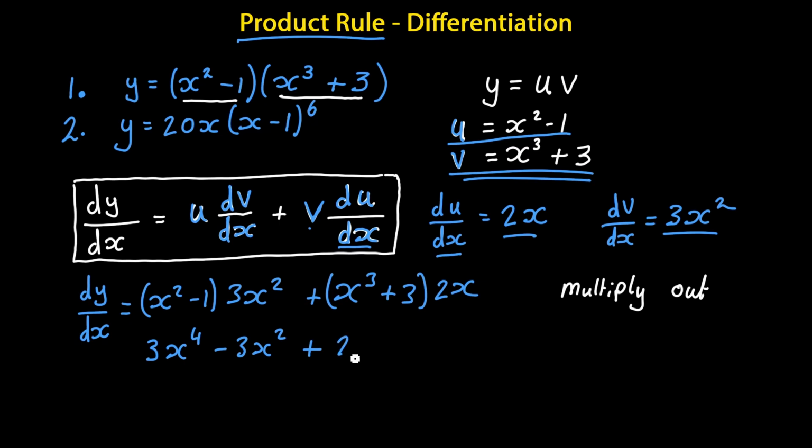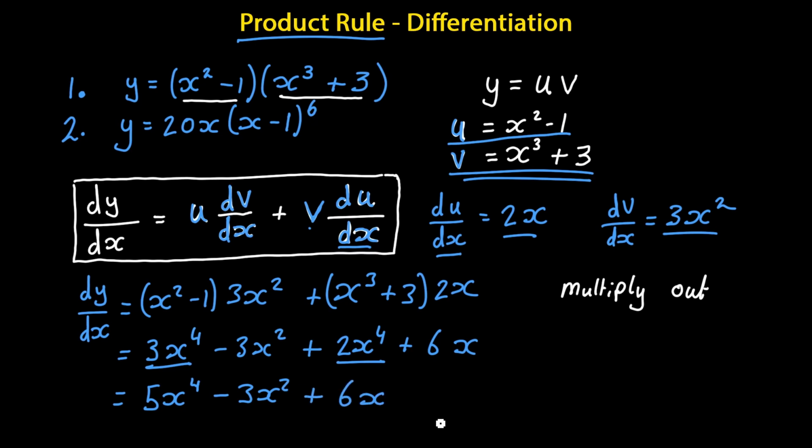When we multiply out the second half of the equation, we've got x cubed multiplied by 2x. So we've got 2x to the power of 4. And then we've got 3 multiplied by 2x, which is 6x. Now we've got two common terms here, which are 3x to the power of 4 and 2x to the power of 4. So if we sum those together, we get 5x to the power of 4 minus 3x squared plus 6x.